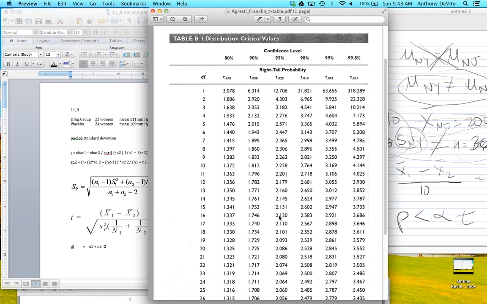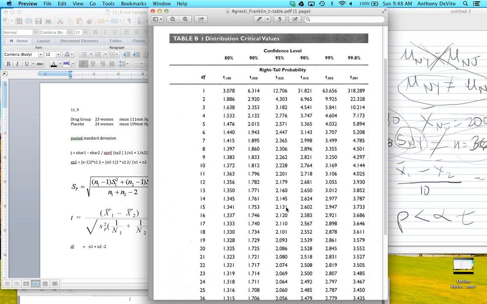Now, that t-score doesn't give you a specific p-value the way a z-table does. The z-table is very nice, giving you a specific p-value, at least for one side of the curve, which you have to double for a double-sided test.